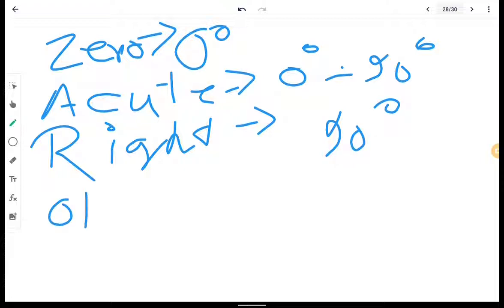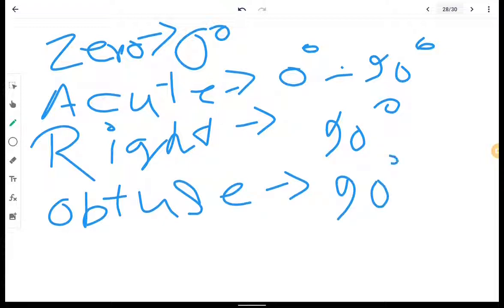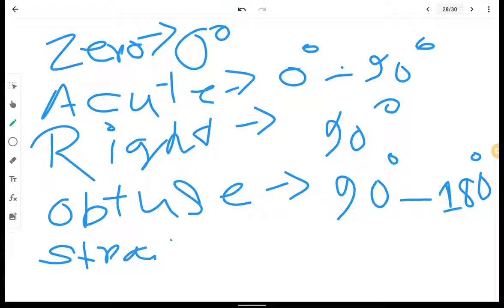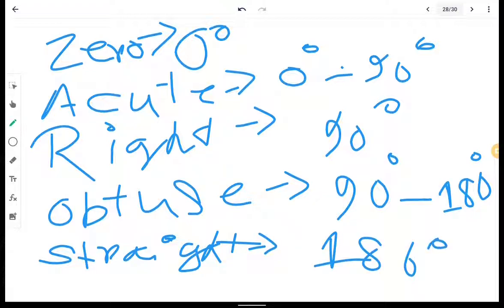Then the obtuse one. How much is the obtuse one? 90 to 180, right? Then the straight angle has a perfect 180.